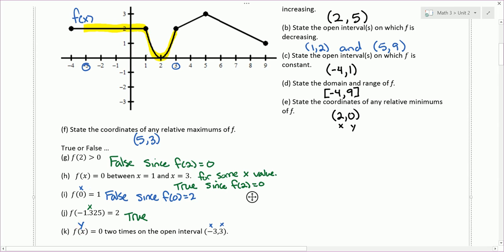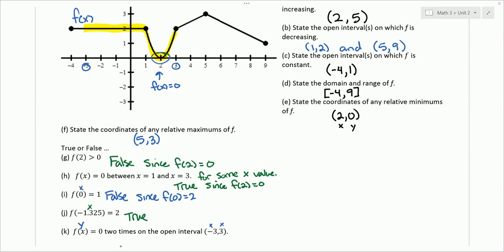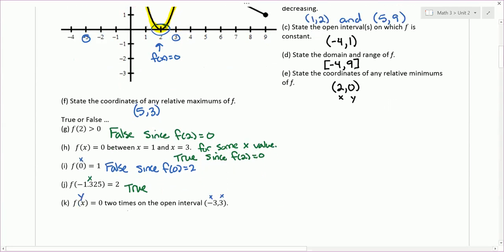This point that I circled, that relative minimum at 2, 0, is a point where the function is equal to 0. But there's no other spot where that function's coming down and hitting the x-axis and having a y value of 0. And so we have to say that this is false. If it said 1 time, we'd say true. F of x equals 0 only 1 time.